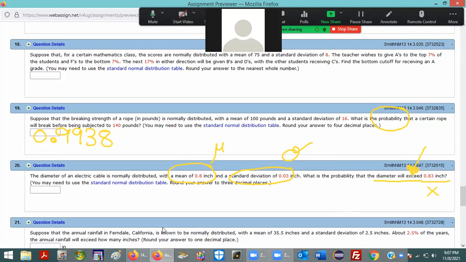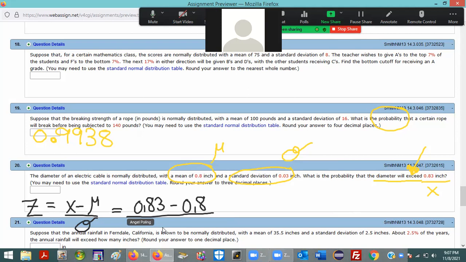So we look for a z-score, X minus mu, divide by sigma, right? X, we said, is 0.83. Then we're going to take away the mean of 0.8, divide by the standard deviation of 0.03.